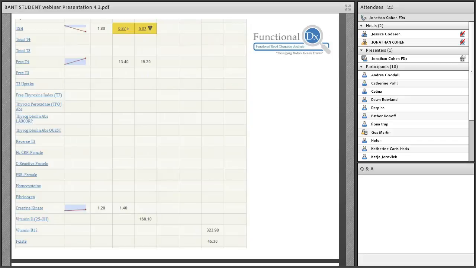Then we just go through to TSH. Now, it's very interesting to see her TSH levels here, even though at 0.87, this is going back a couple of years, and an almost non-existent 0.03, because her free T4 levels were considered normal. No one considered subclinical hypothyroidism.